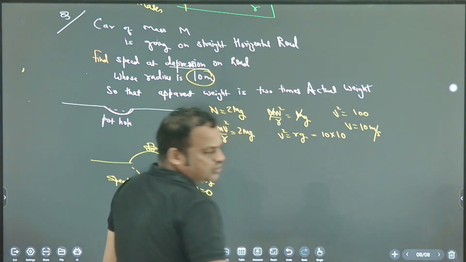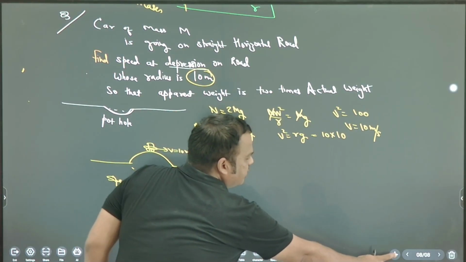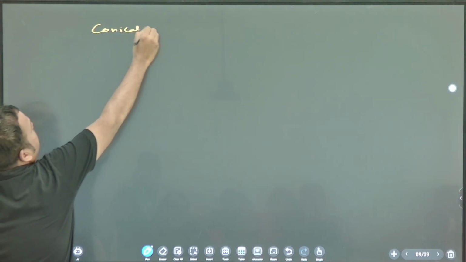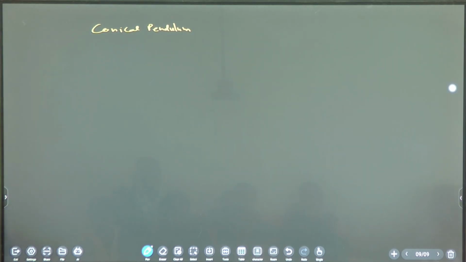Now you practice some questions. Give me the book. We'll do some questions. Conical pendulum, very important. One question we'll do from the book. DC Pandey. So this is conical pendulum.